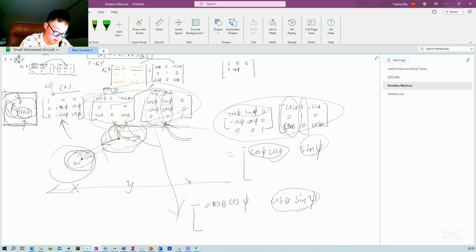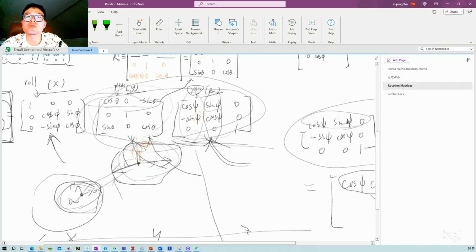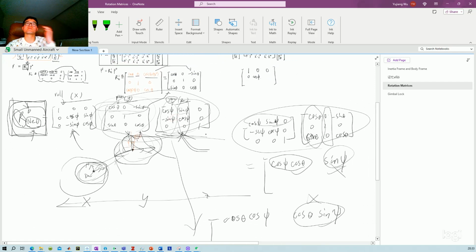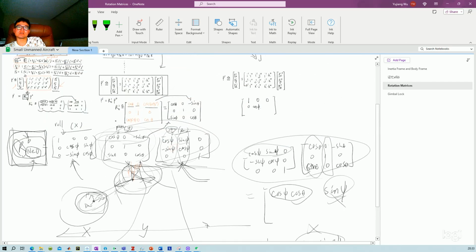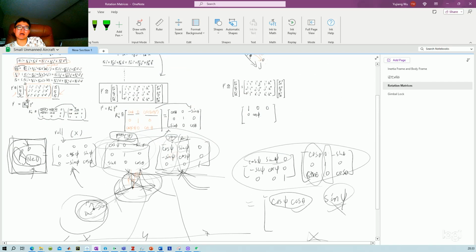So this is already not matching. That essentially shows you the order matters. Don't change the order easily.